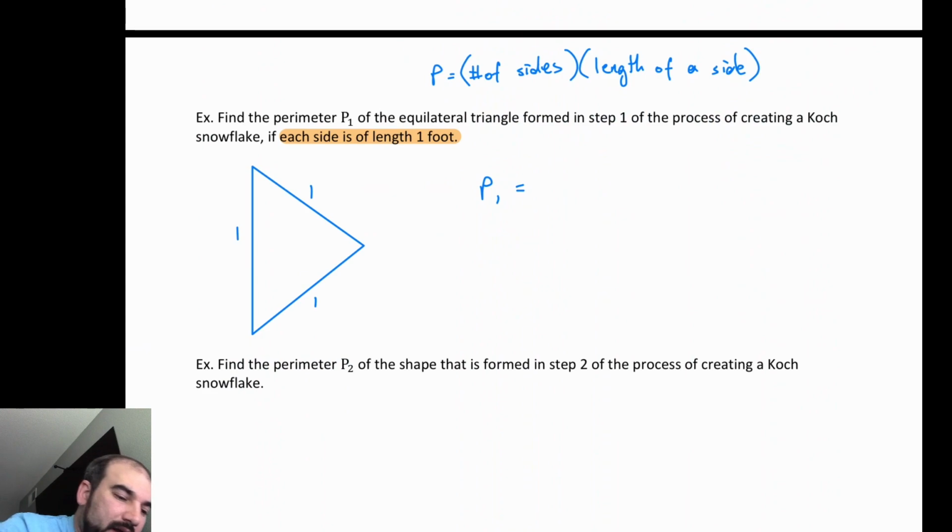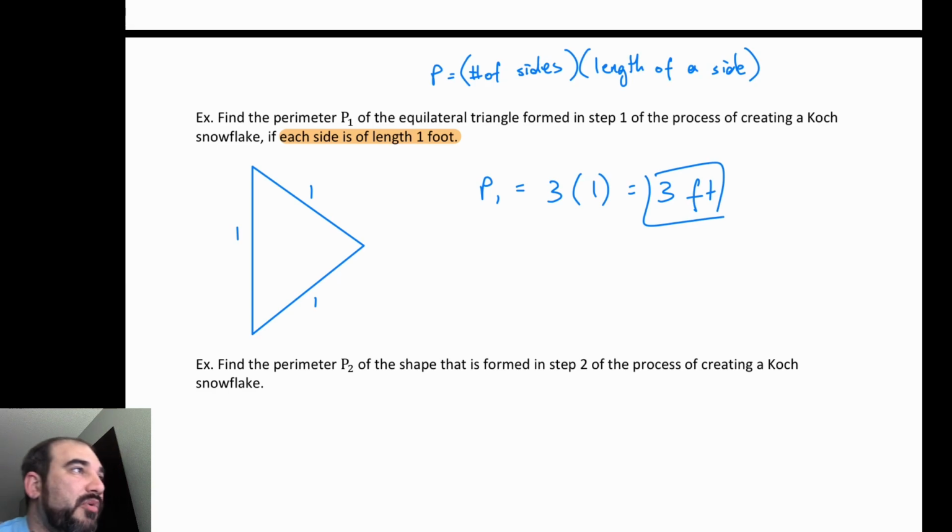You want to have an idea of how long each side is, and then how many sides there are, and just multiply those two values, right? In the first picture, we have 3 sides, and the length of each side is 1, so we get 3 feet as our perimeter. You want to do that for P2 and P3.